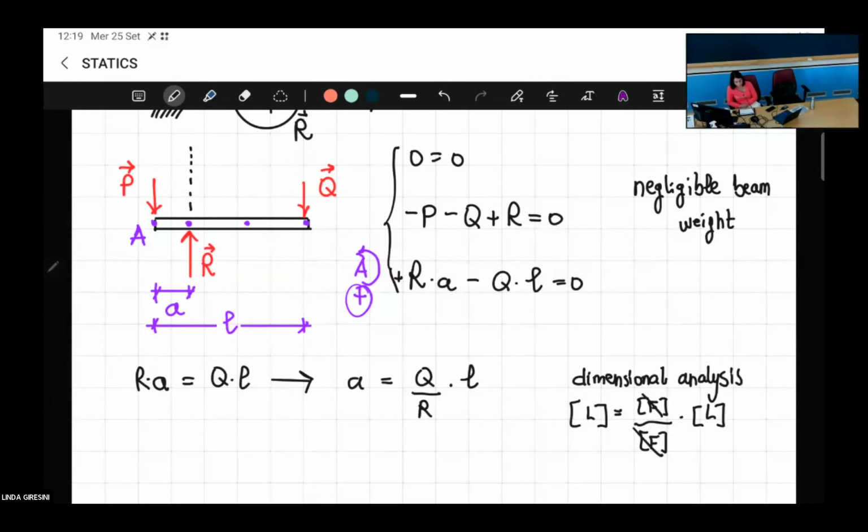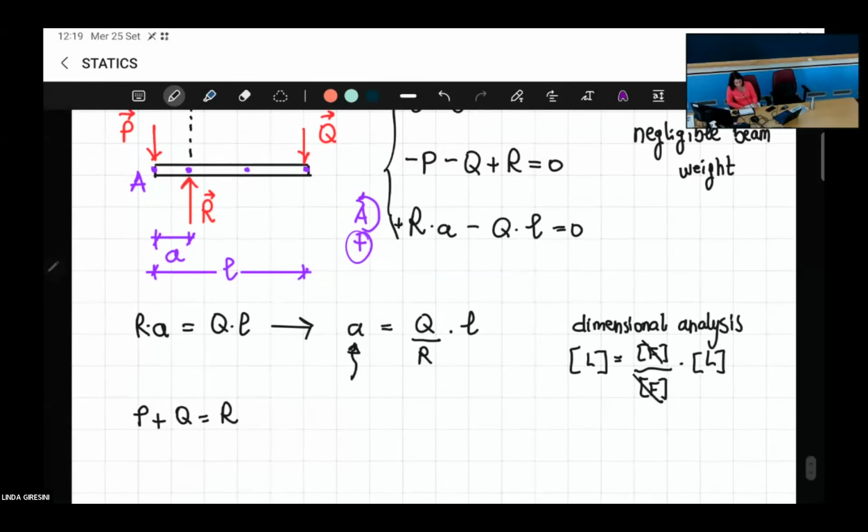Now, what do you do? You go to the second equation. Now you have the value of A. Actually, the second equation gives you P plus Q. You put them on the second hand side and then you change, and this is the second equation.